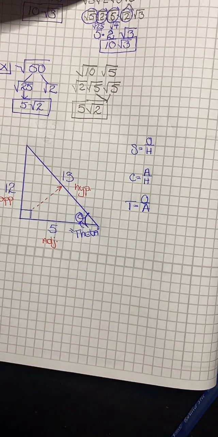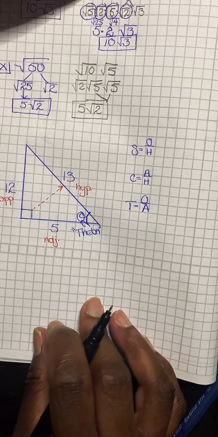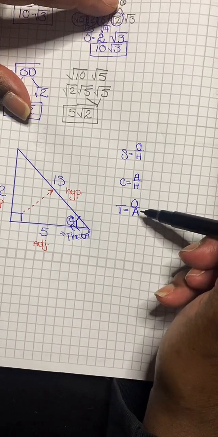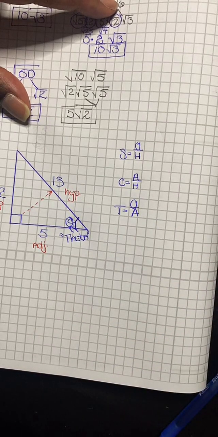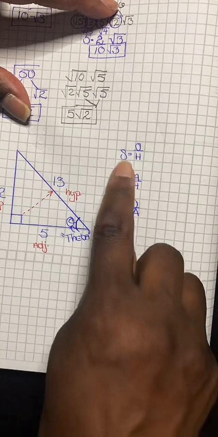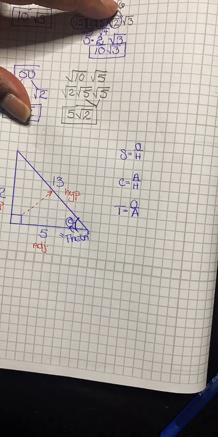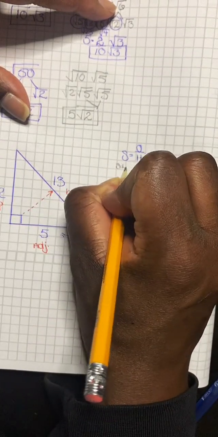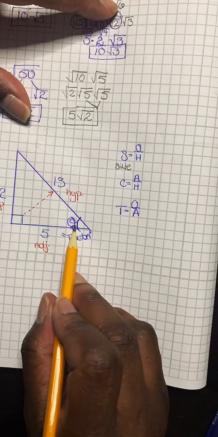So, SOHCAHTOA is just a quick, cute little way of remembering which side goes with which symbol. So the SOH is talking about the sine of your theta.